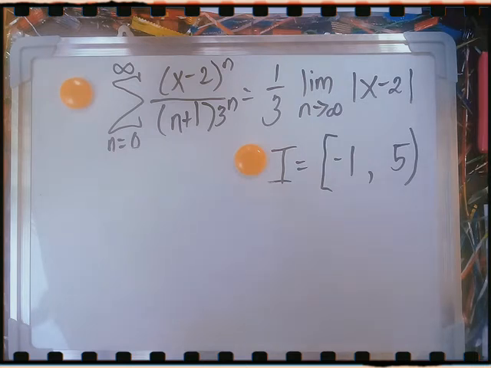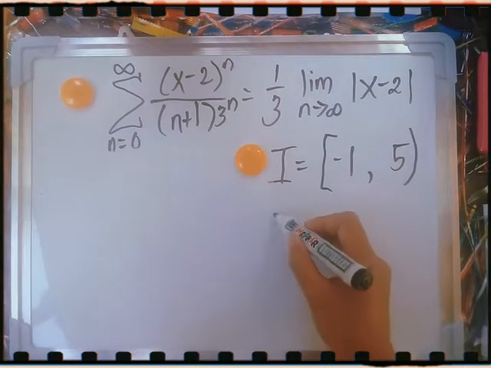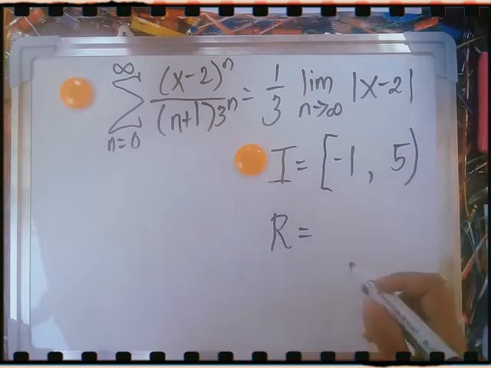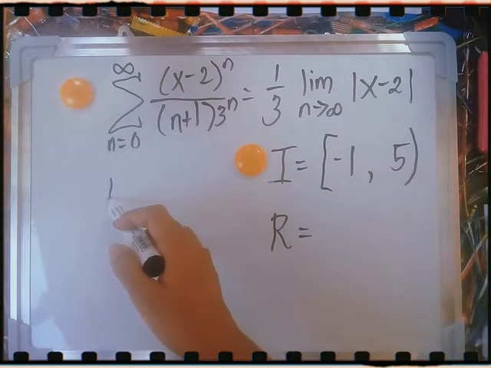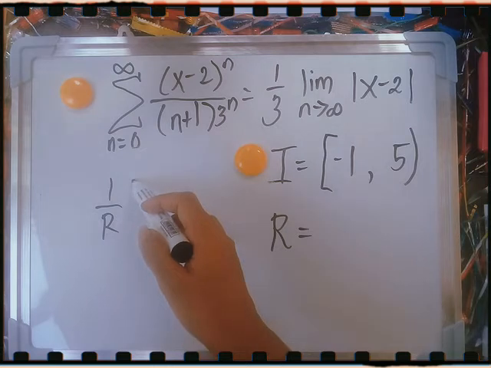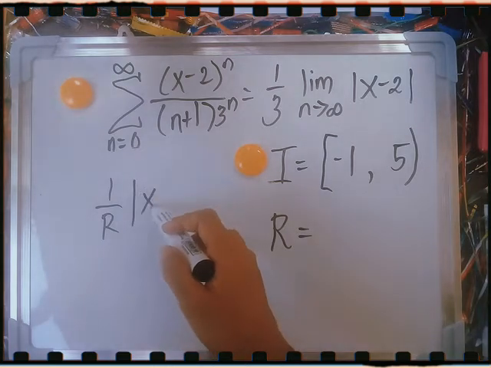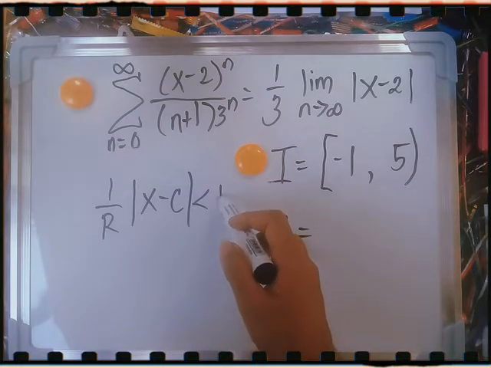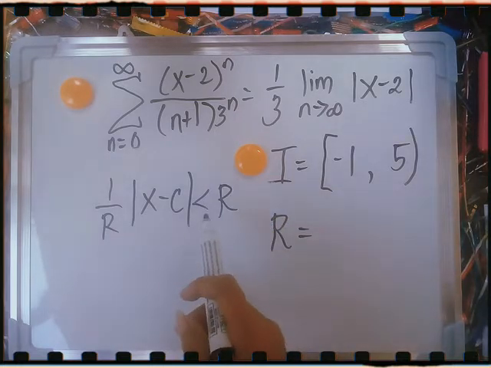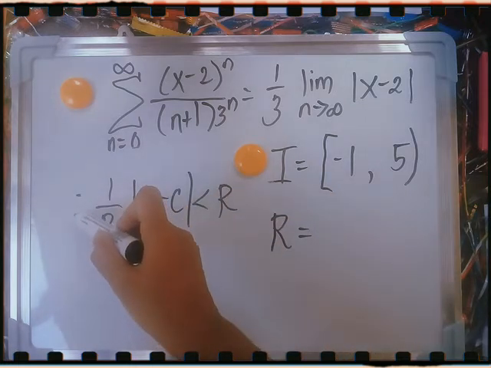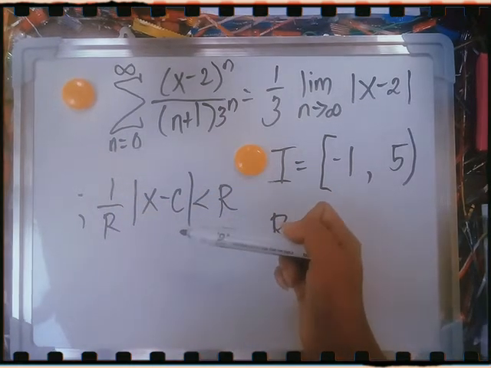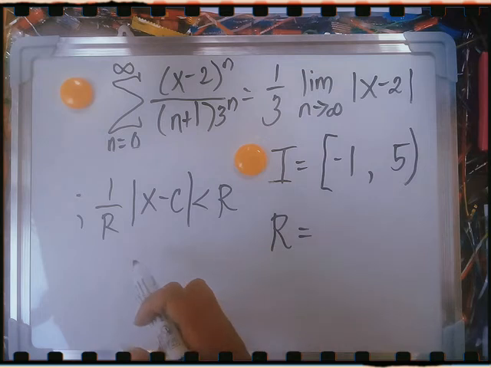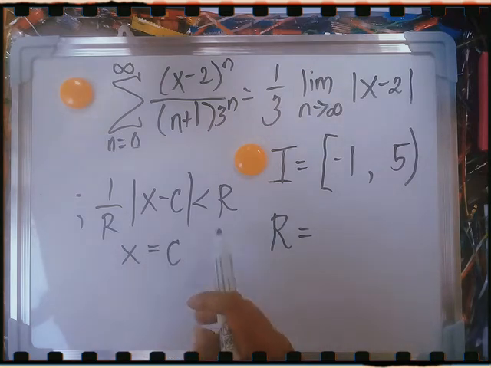What about its radius? Let's place it here. Radius. It says that 1 over r, the absolute value of x minus c, is less than r. So in this situation, the series will converge as x is equal to c, or the constant value.